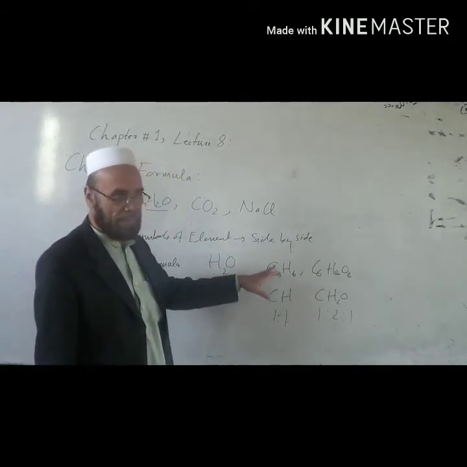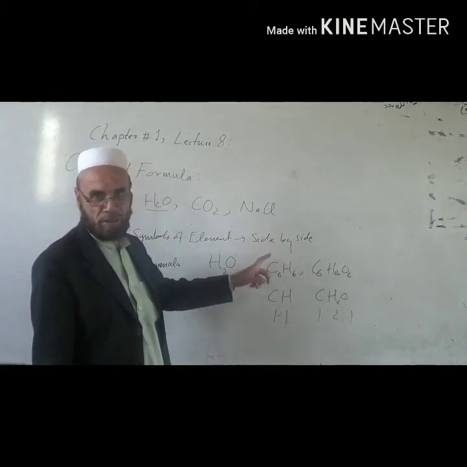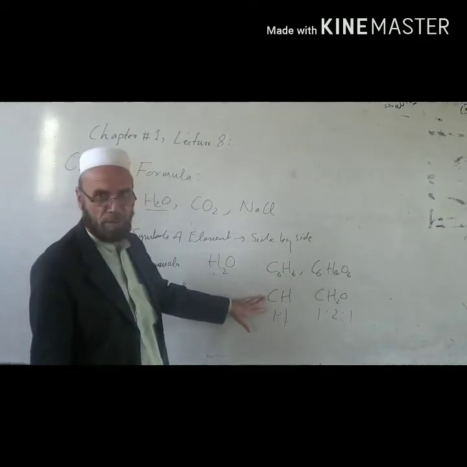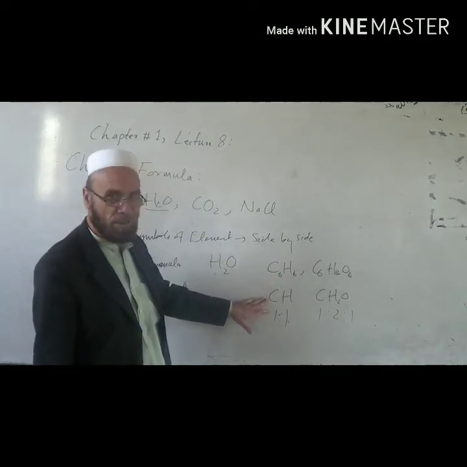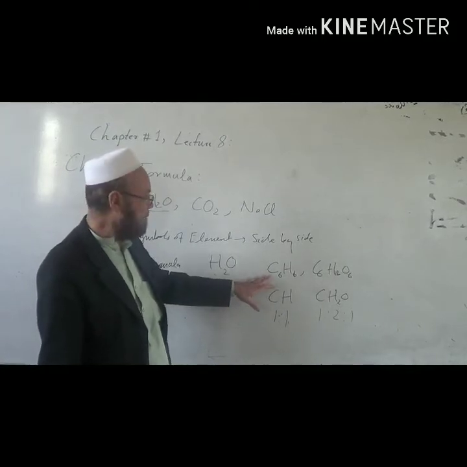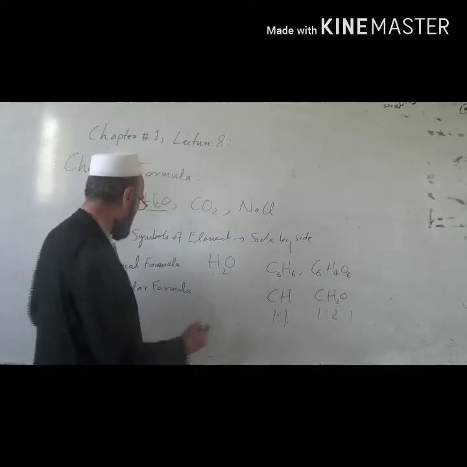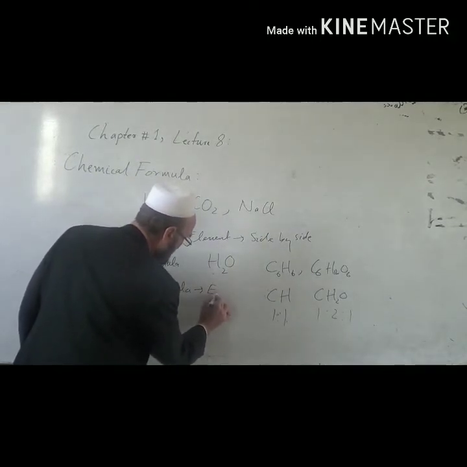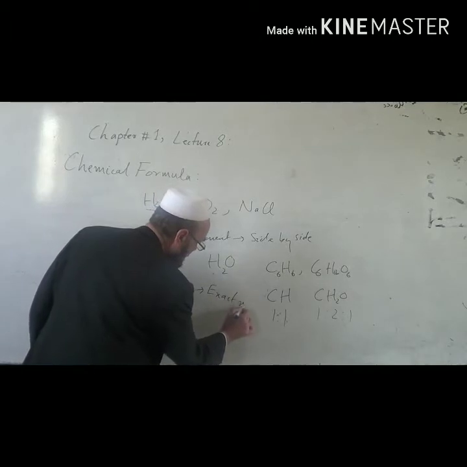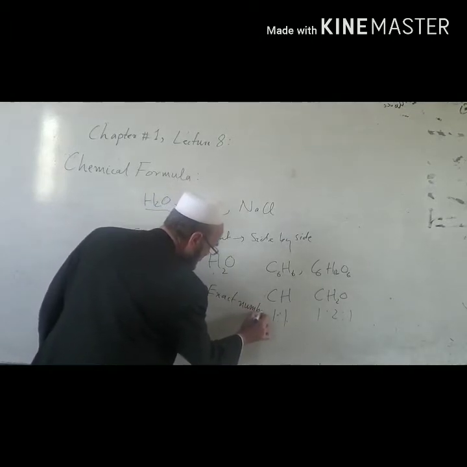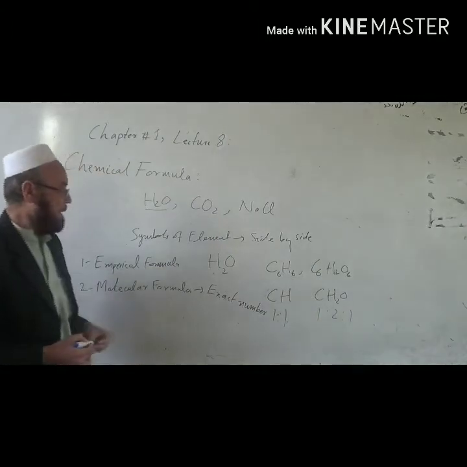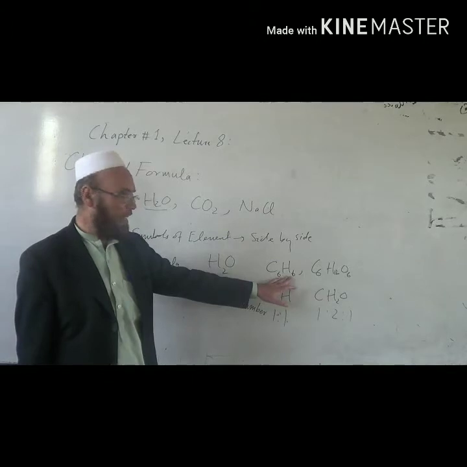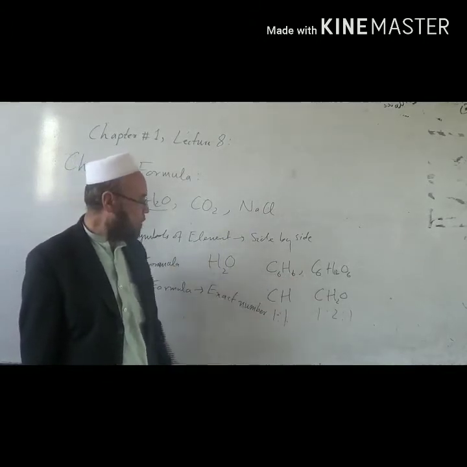Molecular formula tells us one more thing. It gives us three information. Two similar to empirical formula, that is the ratio between the atoms and the types of atoms. And one more information is that it tells us the exact number of atoms in a molecule. Here in benzene, the exact number of carbon is 6 and that of hydrogen is also 6.